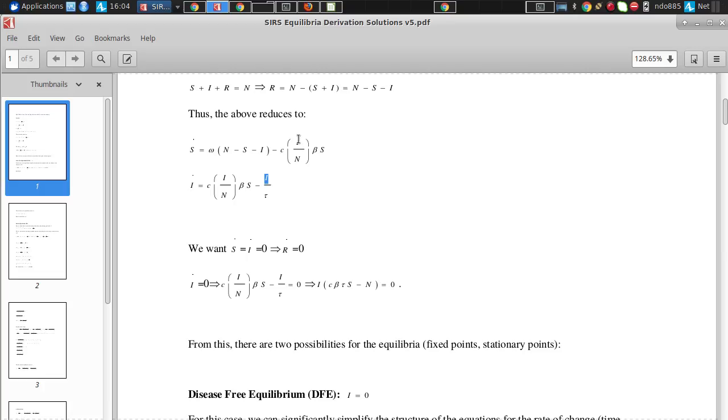So if I is 0, this whole thing is 0. This guy is 0. And now we have S dot equals that. If S dot has to be 0 for us to be at equilibrium, then this whole thing equals 0, and that must mean S equals N. Okay? Now, I neglected, I stand remiss or sit remiss.